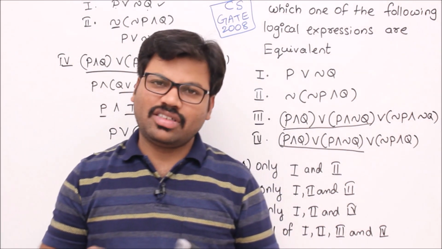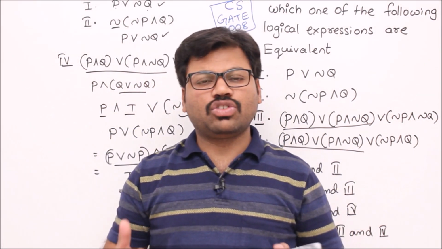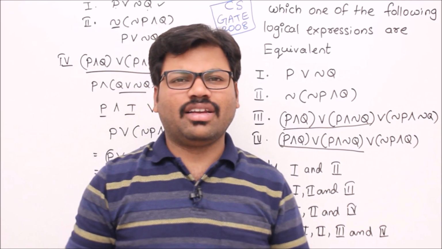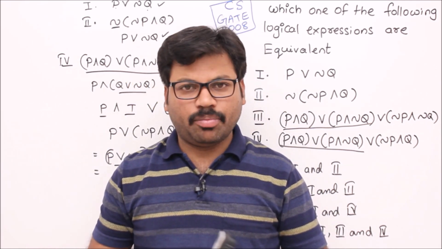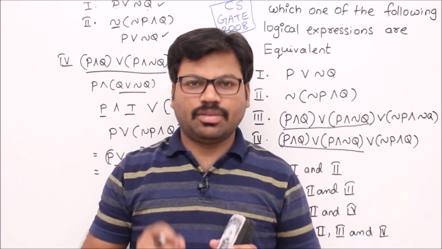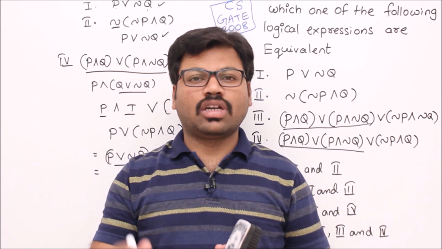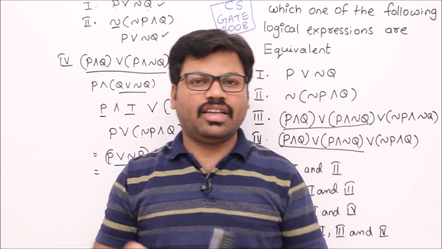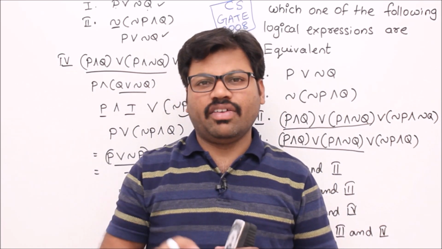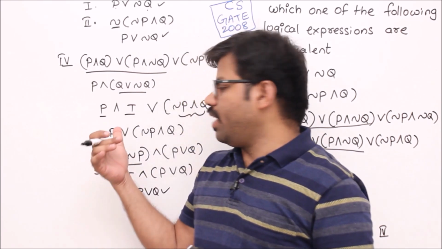So if you have the concept, then solving GATE questions is not a big deal. Okay, you just need practice. And I would like to tell you one more important point. To solve simplification problems, first you should go through all the equivalence rules, and you have to remember them really well, each and every point, then it would be easy.